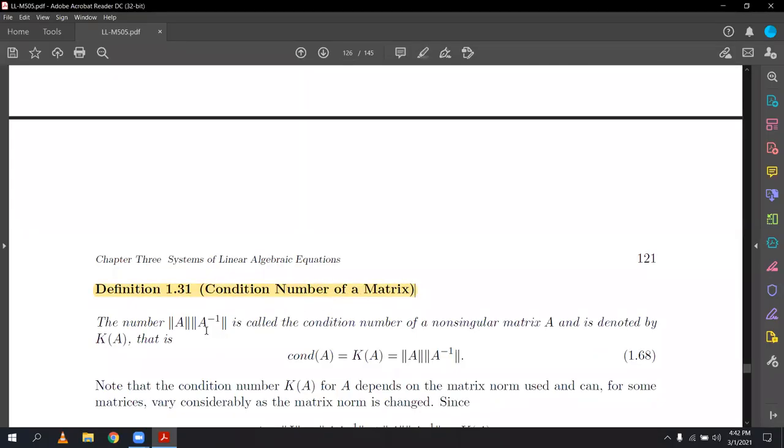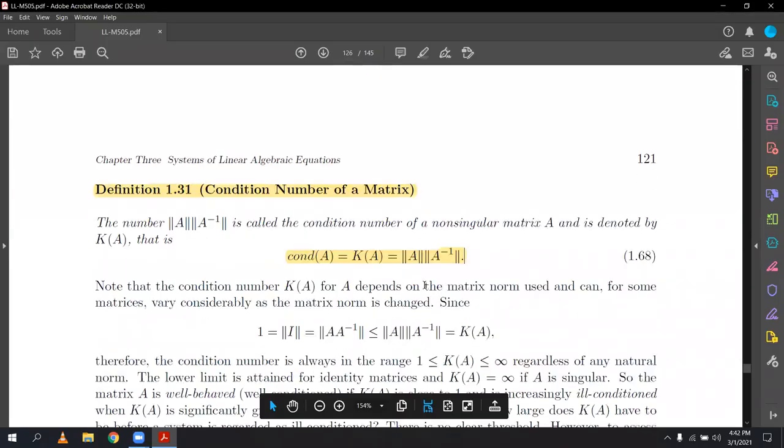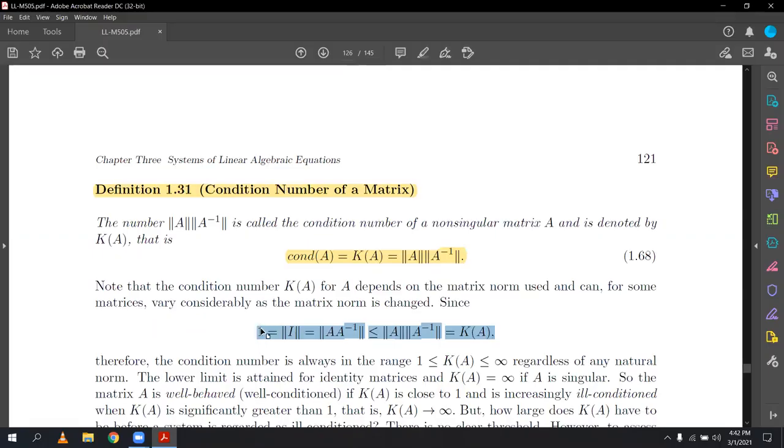This is a special number we have, and that is called the condition number of a matrix. And what is the formula of the condition number of a matrix? The formula is the norm of A times the norm of A inverse. And the condition number of a matrix is always greater than or equal to 1. So this is the range of the condition number of any matrix, greater than or equal to 1.